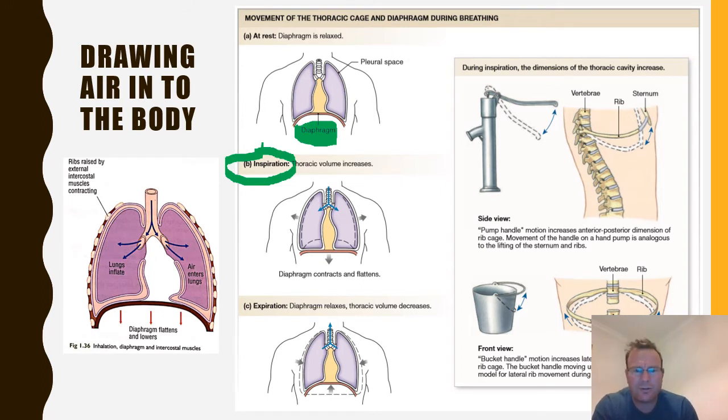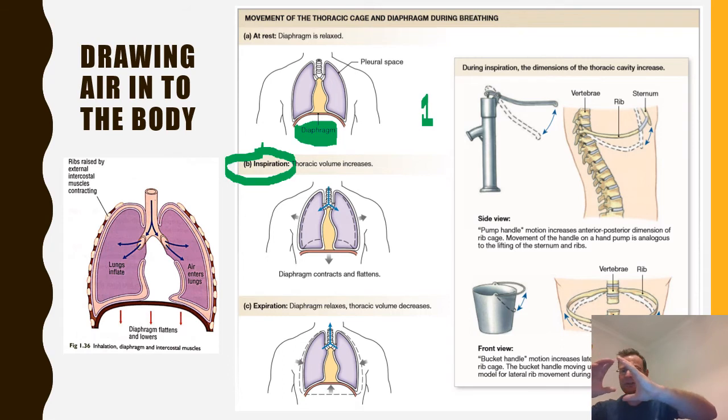So in picture 1, with the diaphragm relaxed and a small chest cavity under fairly high pressure, as we increase that volume, what's going to happen to the pressure? It should get less.